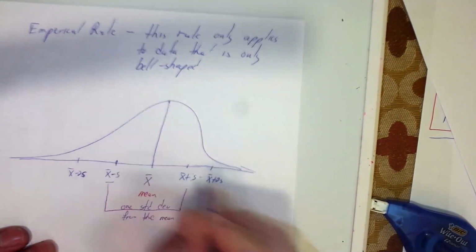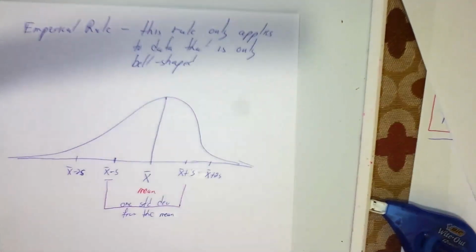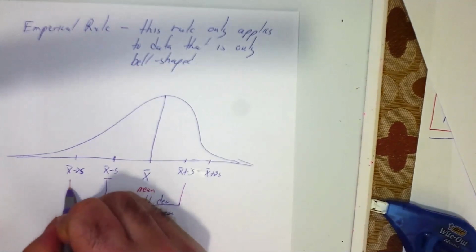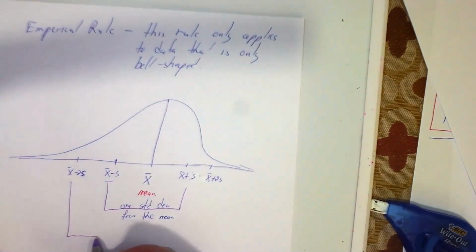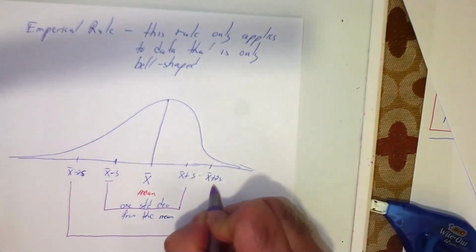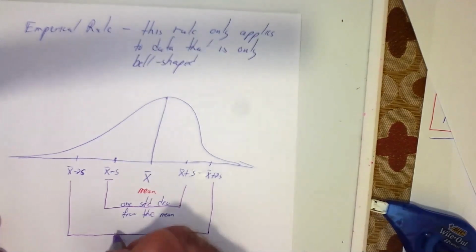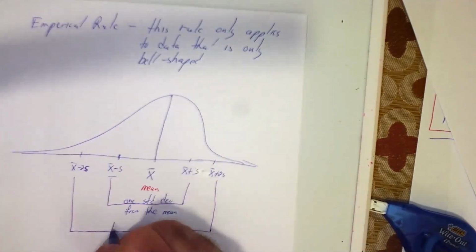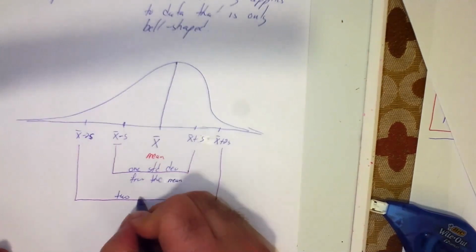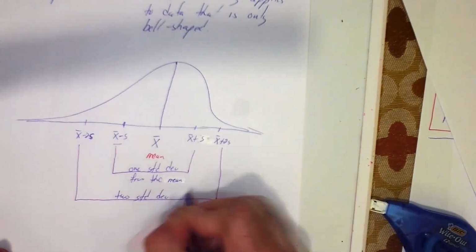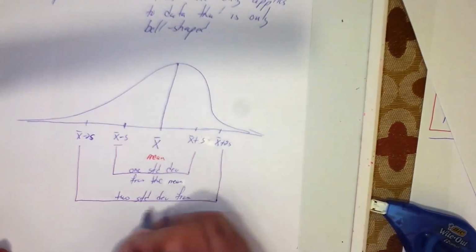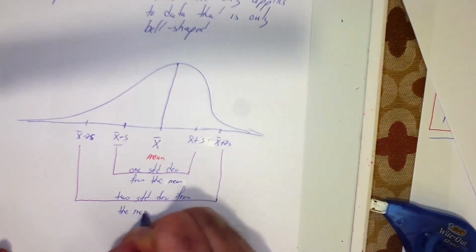That's not a 5, but an S. So the distance from negative 2S to plus 2S around the mean is 2 standard deviations from the mean.